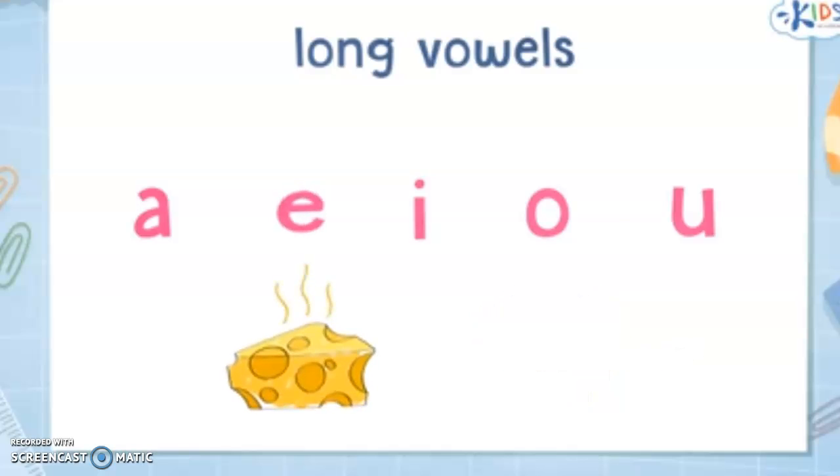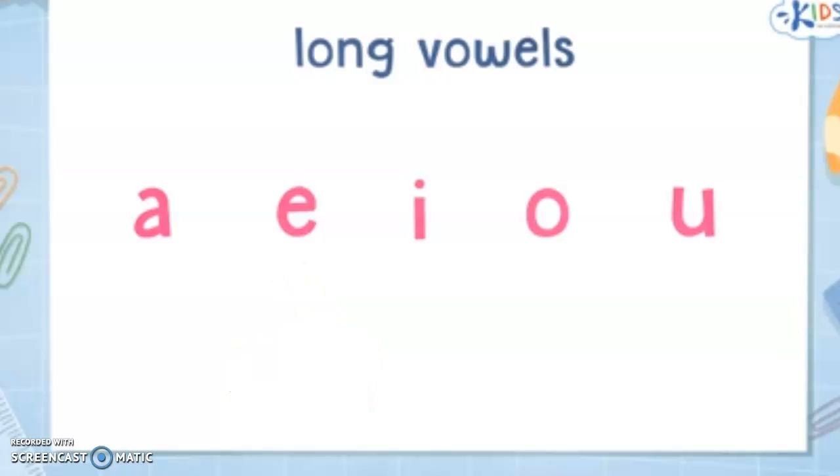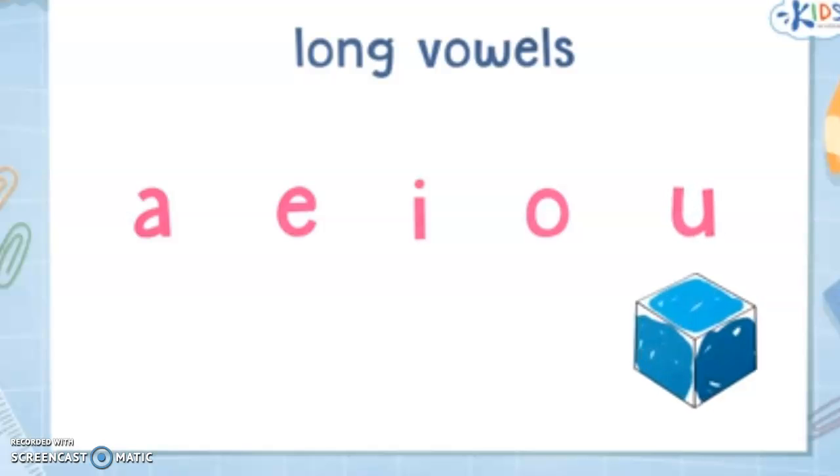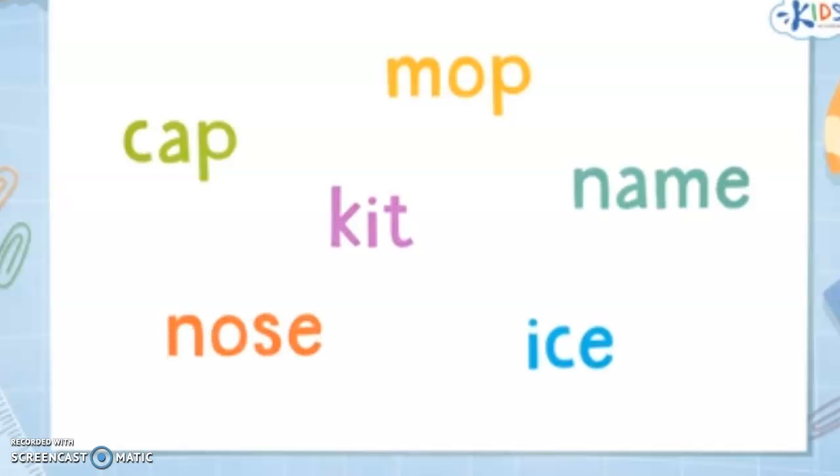Let's listen to long E, cheese. That's it. Now, how about I? What does long I say? Yes, I, like ice cream. Yum. What's the last vowel? A, E, I, O, and U. Long U says you, like in cube. Let's look at a few words.